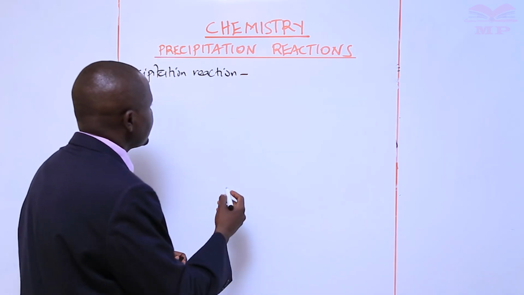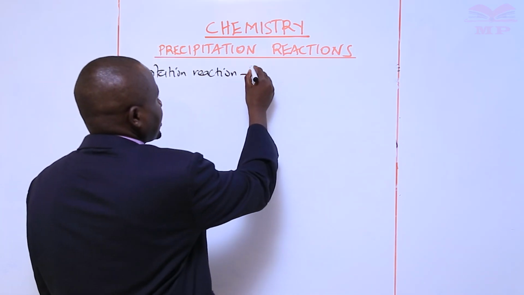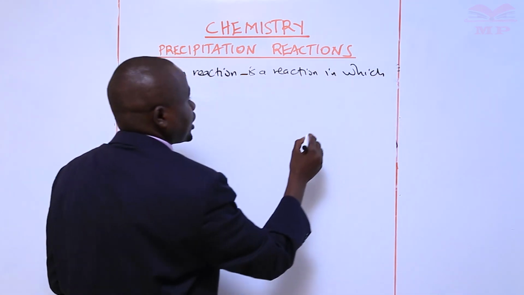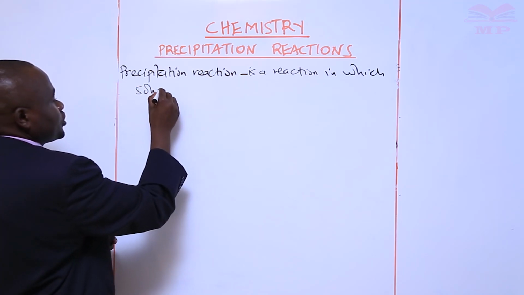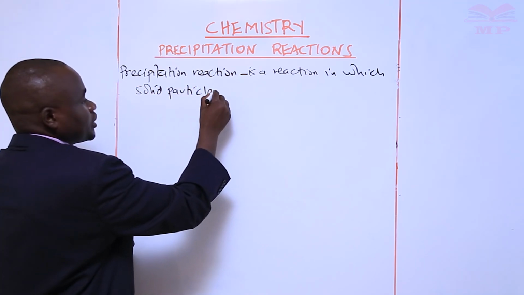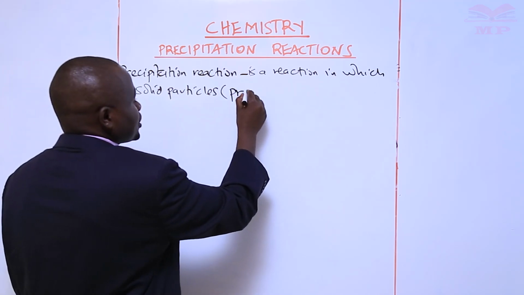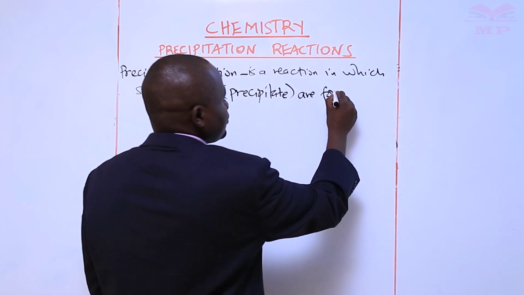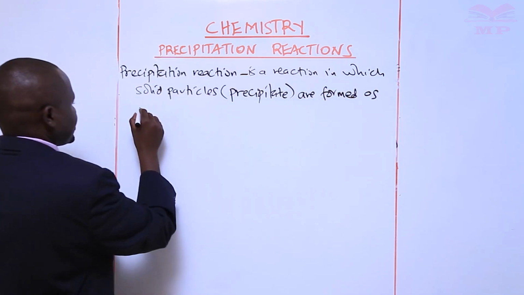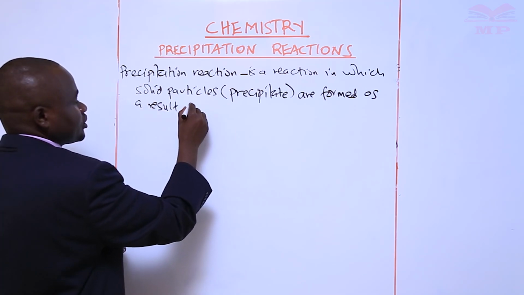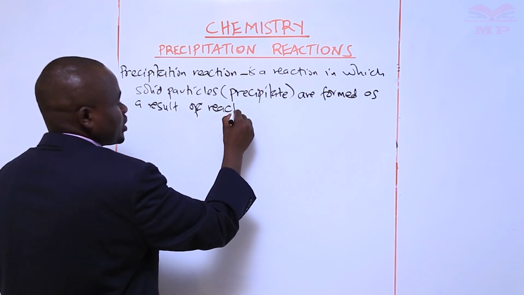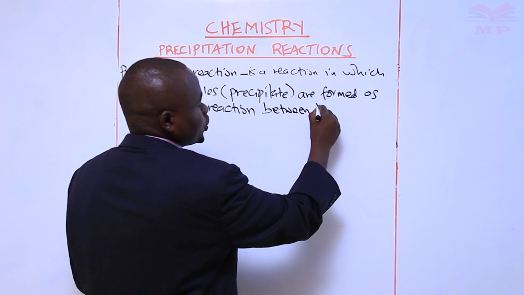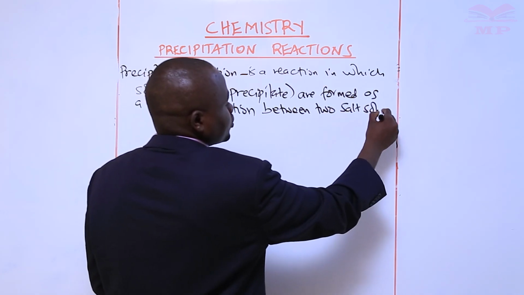So I'm saying that a precipitation reaction is a reaction in which solid particles, which we are going to call a precipitate, are formed as a result of a reaction between two salt solutions.